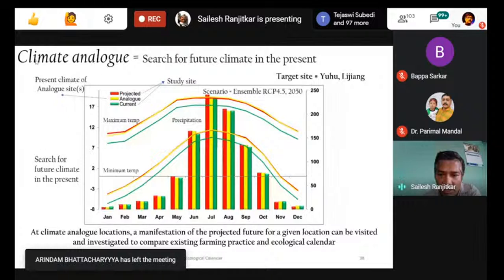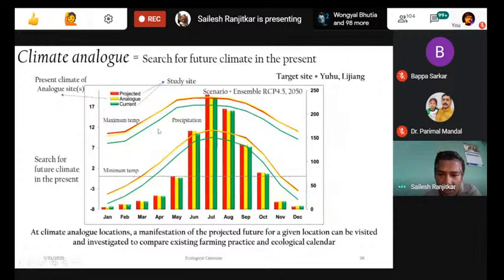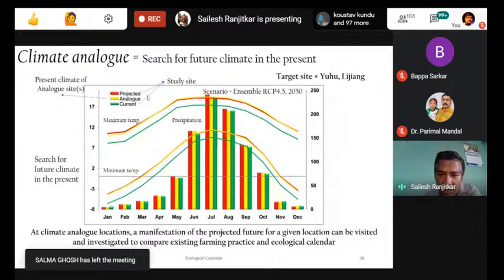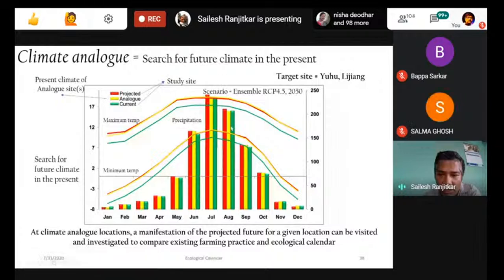Just briefly, the future projected climate of any study area can be found in some analog site at present, based on different latitude or different elevation. Searching for that is the modeling and statistical work carried out in this analysis.